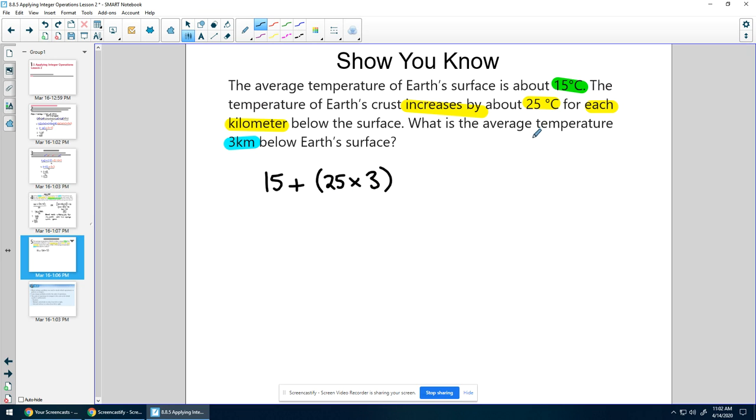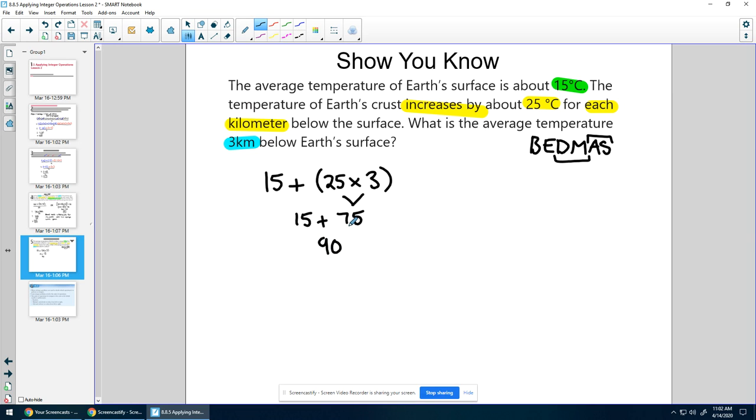Step 1, BEDMAS. Write it down. Division, multiplication, left to right, addition, subtraction, left to right. Do we have brackets? Yes, we do. 25 times 3 is 75. 75 plus 15 is 90.